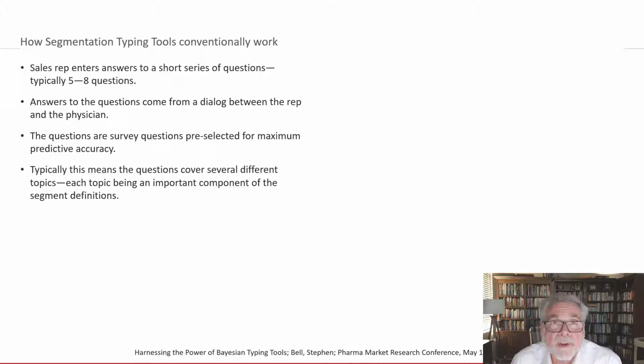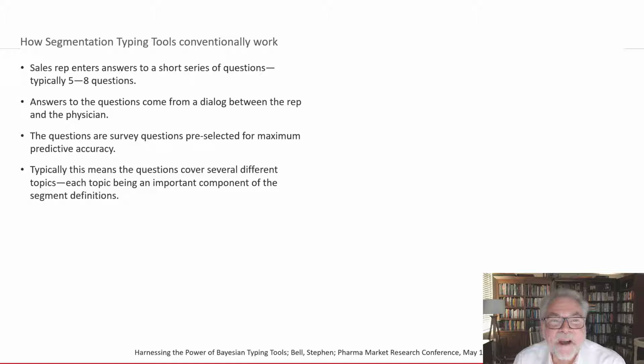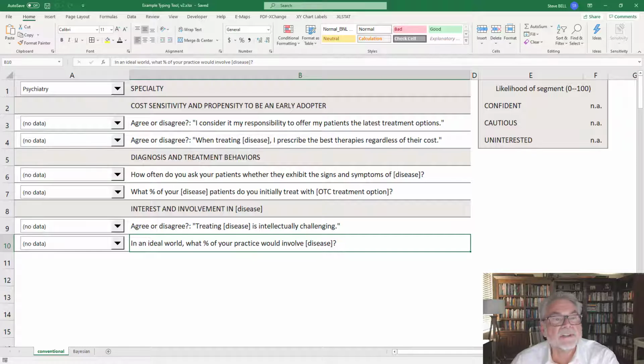Each of those components is a topic, and you may need 1 or 2 or 3 questions to get the data on that topic. Now, before I get into the problems, let me show you an example of a conventional typing tool. And let's take a look at how it works.